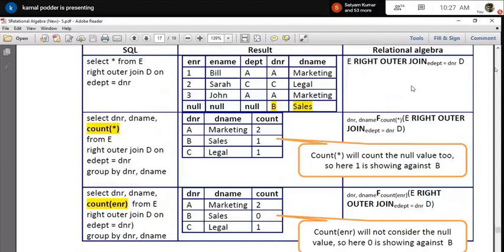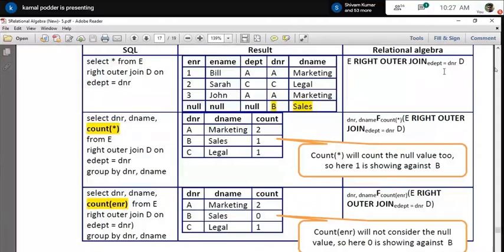In SQL, I will write a lot of right and left joins, and then it will become more and more clear. But here, to satisfy this type of query, I have to pick up all the records of the department, irrespective of whether there is an employee or not in the employee table.